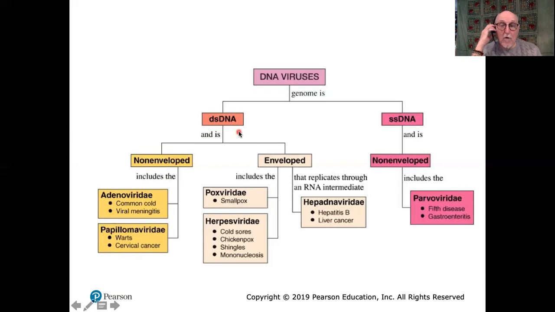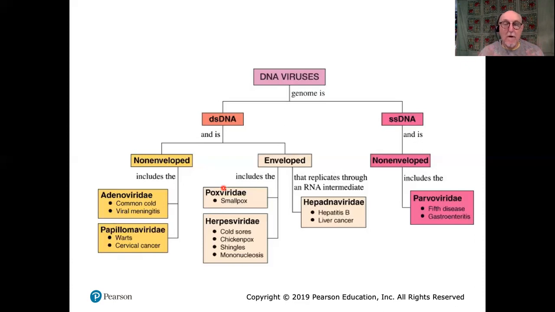There are far more double-stranded DNA viruses which are enveloped, which are important to us. The first are the pox viruses. Now, the pox viruses occur widely throughout mammals. There are many different kinds of pox virus, but they tend to be very, very specific for a particular host.